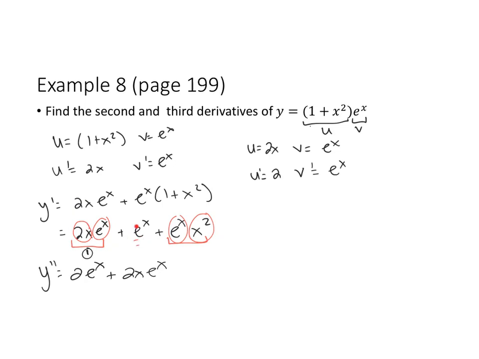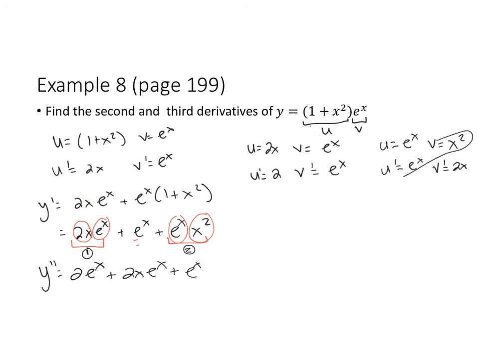Now let's go to the next piece here, e to the x. The derivative of e to the x is just e to the x. And now let's look at this second group of pieces that I need to do the product rule on. My u is e to the x and my v is x squared. u prime is e to the x, v prime is 2x.